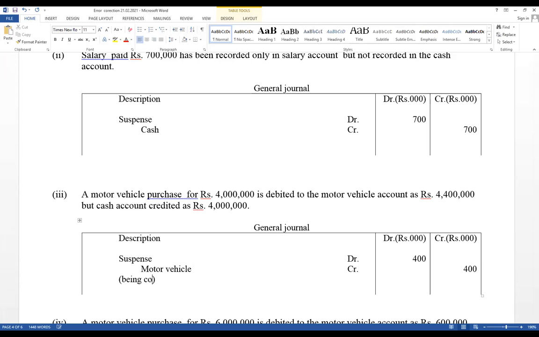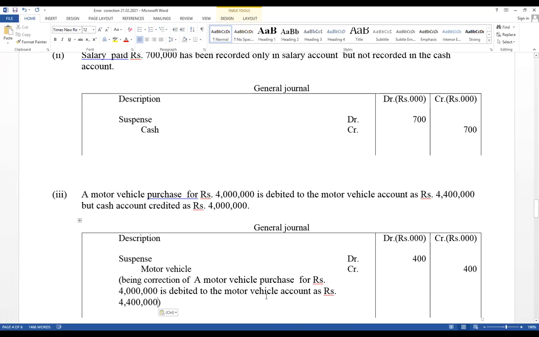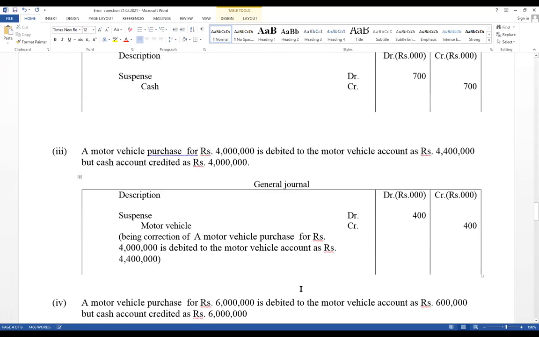Being correction of motor vehicle purchase: motor vehicle purchase of 4,000 is debited to the motor vehicle account as 4,400. Next one.